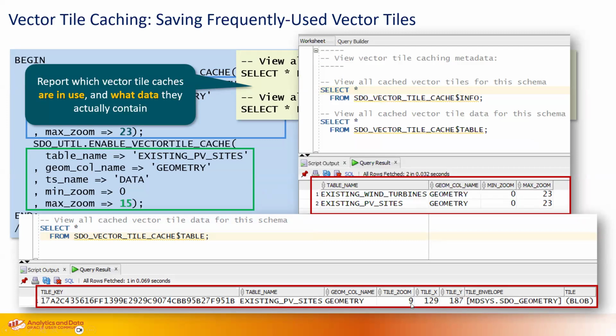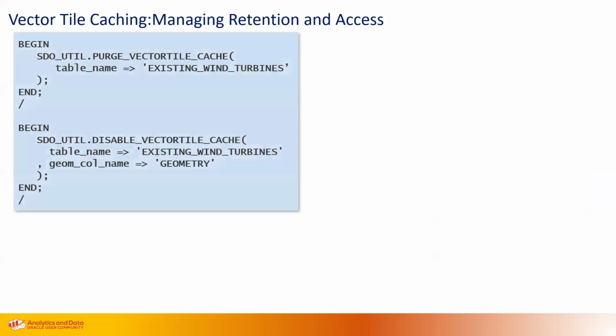Here we are again with zoom level 9, tile 129, 187, just to show you that's one of the tile keys that's actually cached. How did it get cached? Because I went after it in my map. And since it was used several times and I've enabled caching for it, that one in particular is cached.